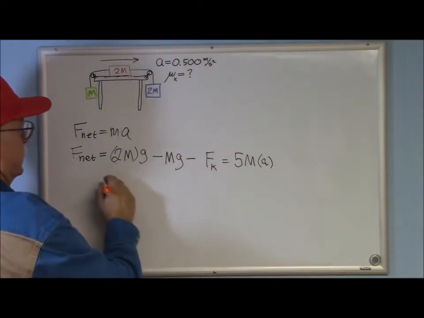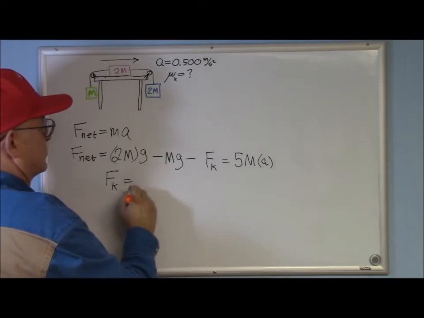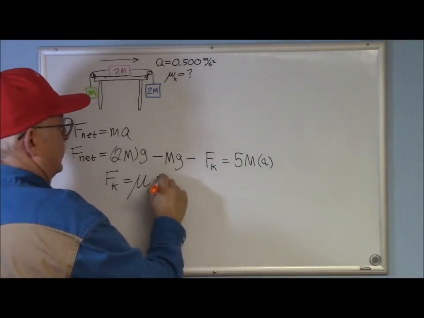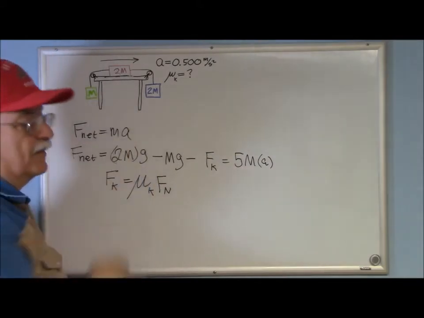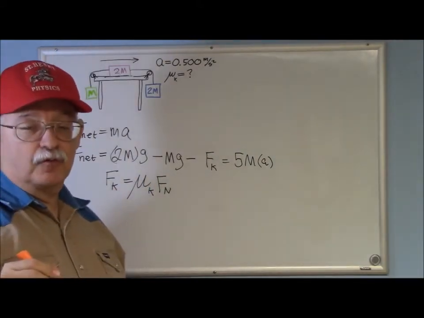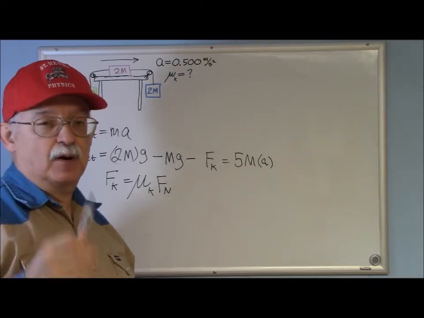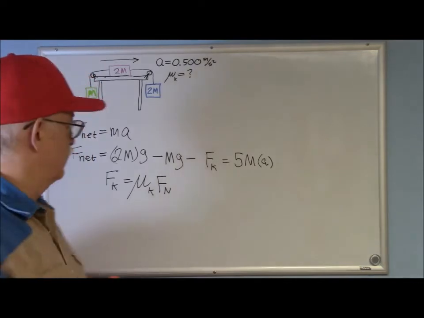We know that in general, kinetic frictional force is a coefficient of kinetic friction times a normal force. Well, for this box on the tabletop, the normal force will be the force pushing up from the tabletop on the box, and that will just be the opposite of the weight of the box.